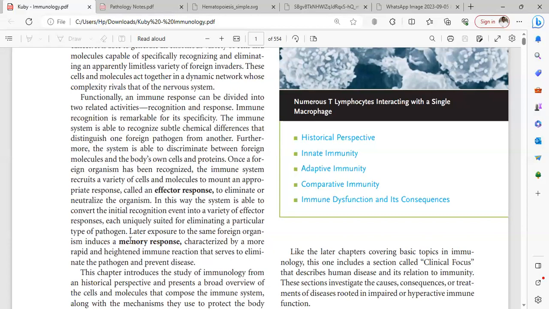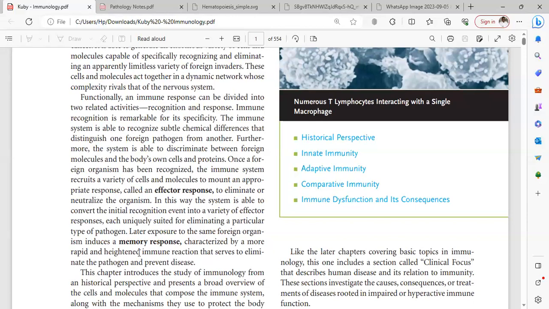So the memory response occurs after a later exposure to the same pathogenic microorganism which is foreign to the immune system. So effector is for the first time, then memory response is a result of the second time.